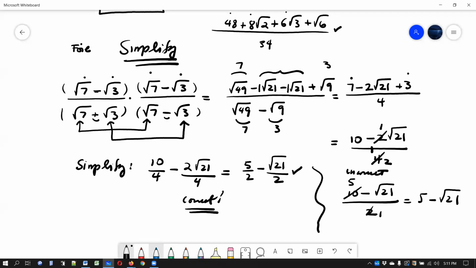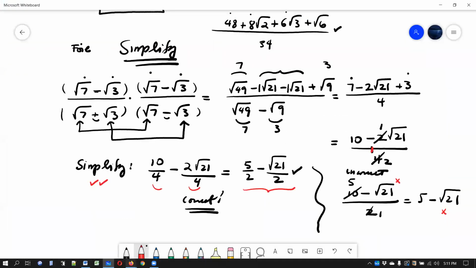Now, notice that my answer, the correct one, is this. This is incorrect, and this is even more incorrect. So do not make the mistake of doing this. It happens all the time. So I suggest you split it in 2 and then simplify each fraction as you see over here. This is the correct way.